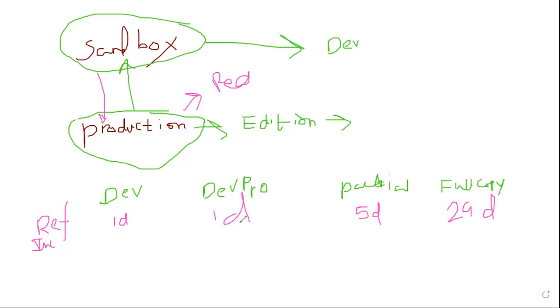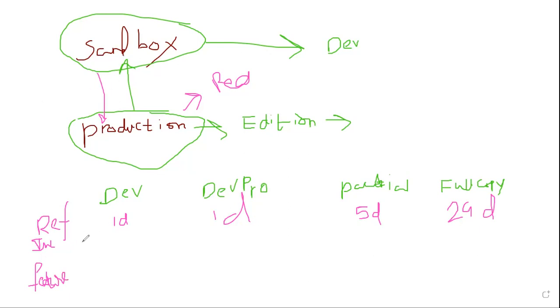The second major difference is what are the features available in this edition or in this sandbox. Based on the features available in the environment, there will be different sandboxes. Coming to the Developer edition, we won't create a huge amount of data like production.